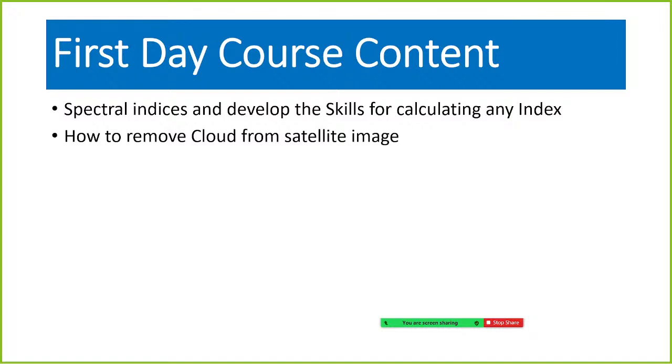It is very difficult when you want to make a land cover classification map and your satellite image has some cloud, because then you cannot get the proper result. That's why I will teach you how you can easily remove the cloud and haze from your satellite images, and get a clear image, and then you can easily work on making a land cover classification map or other remote sensing work.